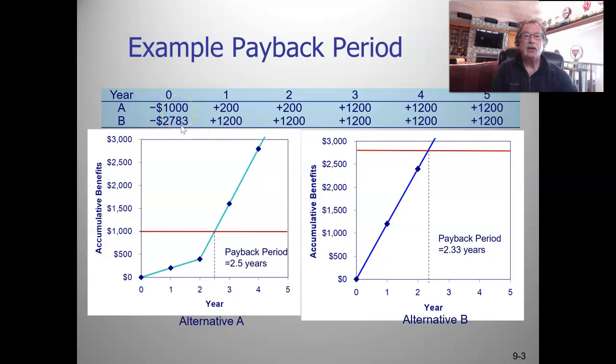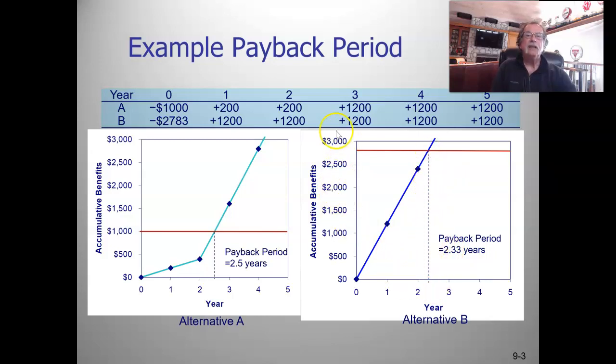And project B costs $2,783, and it has cash flows of $1,200 per year. So which one is the better alternative? Well, if your only criteria is the payback period, it looks as if the second alternative is better because its payback period is 2.33 years.